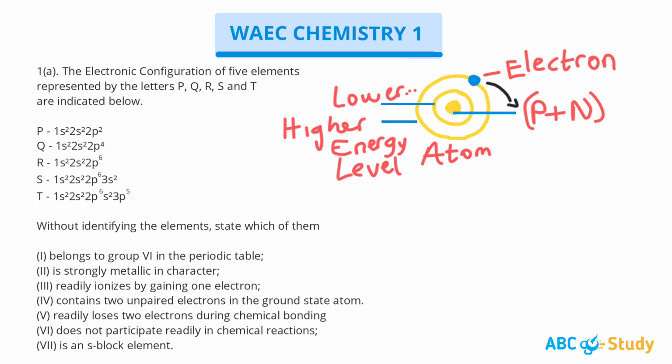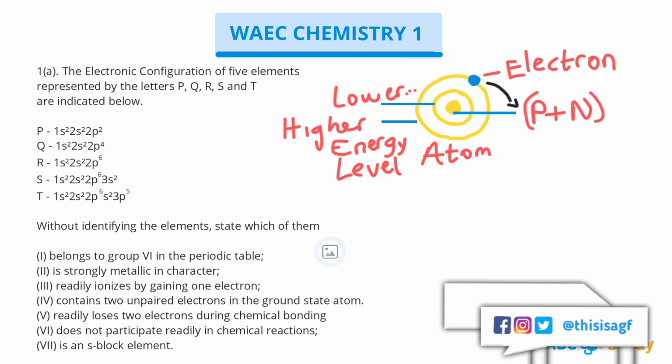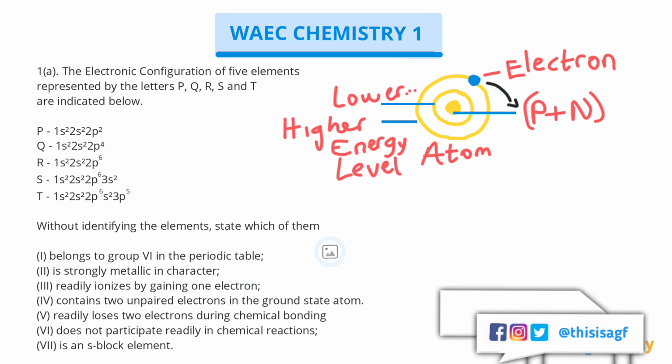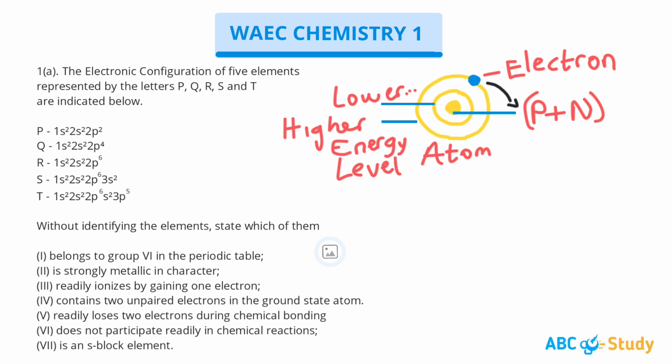In this form, an electron that has energy can be excited from the lower energy level to the higher energy level, while an electron that loses energy can be brought back to the ground state, that is the lower energy level from the higher energy level. So that's just the scope of it, and as we move on, we'll be able to understand many things.